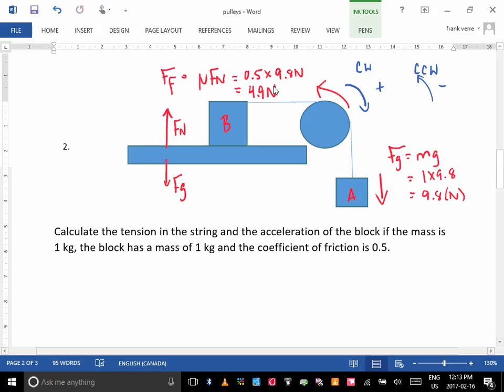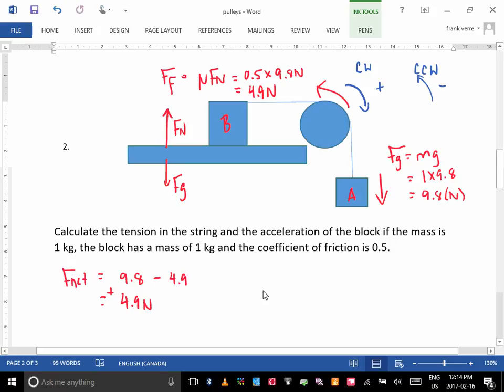So now you have your two forces. One force is going to cause clockwise rotation, and another force is going to resist that. So your net force is 9.8 minus 4.9, which is 4.9 newtons. Positive, which means the pulley is going to rotate clockwise.